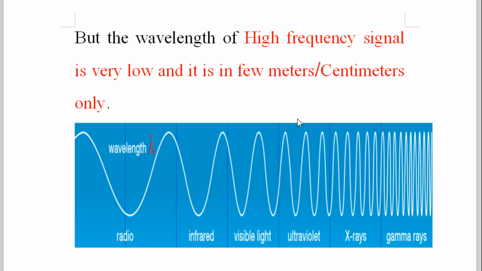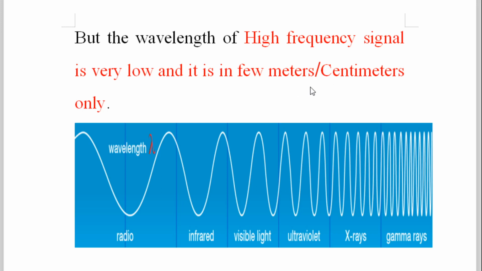So we know one information, and that information is that a high frequency signal is having lambda very less, in centimeters. So now, what is the logic?